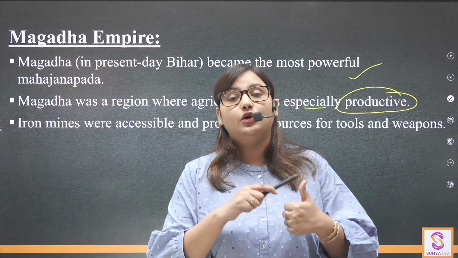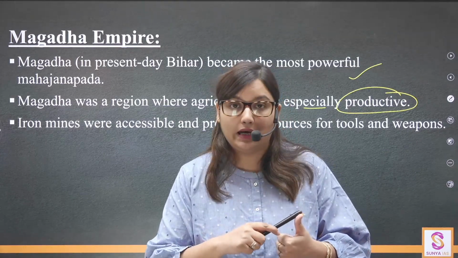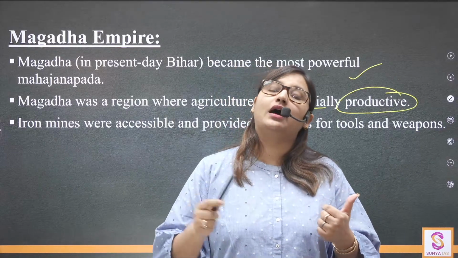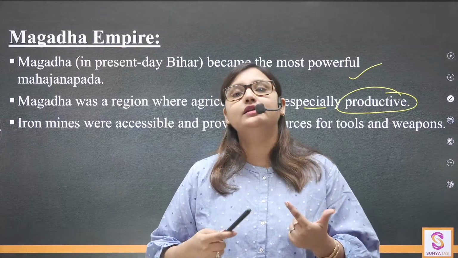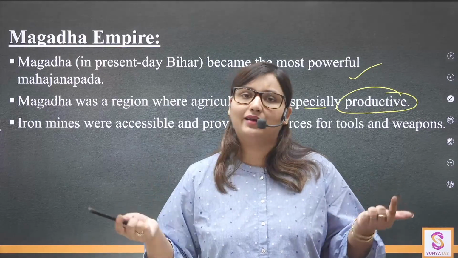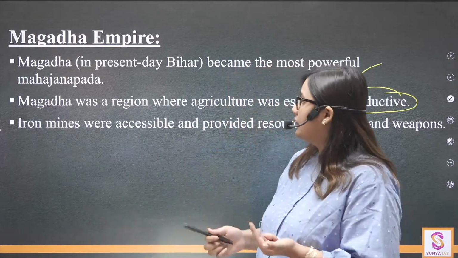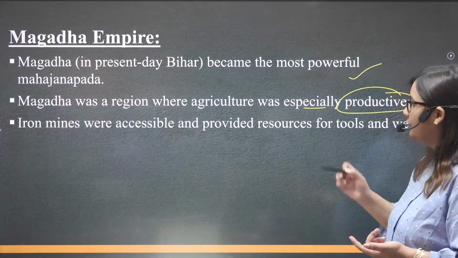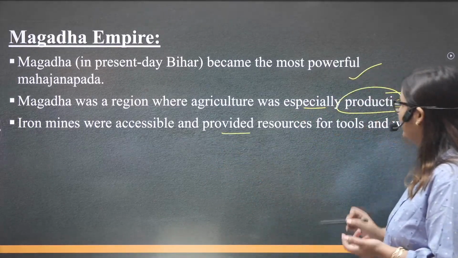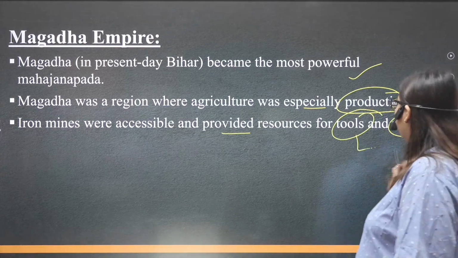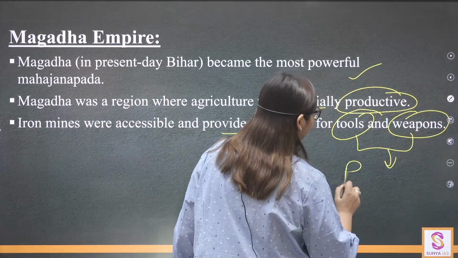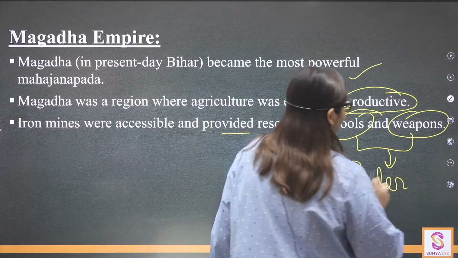It was also used by the army to facilitate their army supplies and their war weapons during the battles and the war. And iron mines were also there. They were accessible, and they provided the resources for the tools and weapons, which made the rulers more powerful and aggressive.